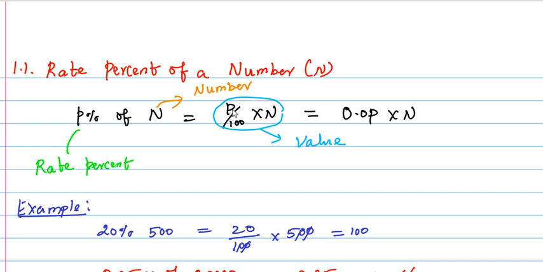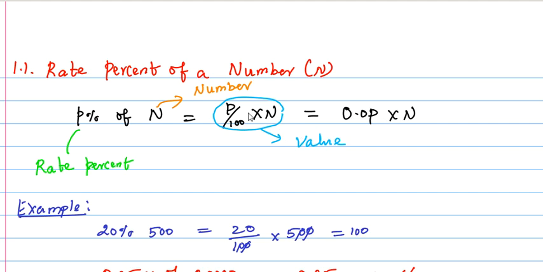After replacing p percentage by p by 100, after cancelling, you may get the value. So instead of p percentage, you can apply p by 100 or 0.01 p. That means instead of 1 by 100, I have multiplied 0.01. After the simplification, you may get the value.